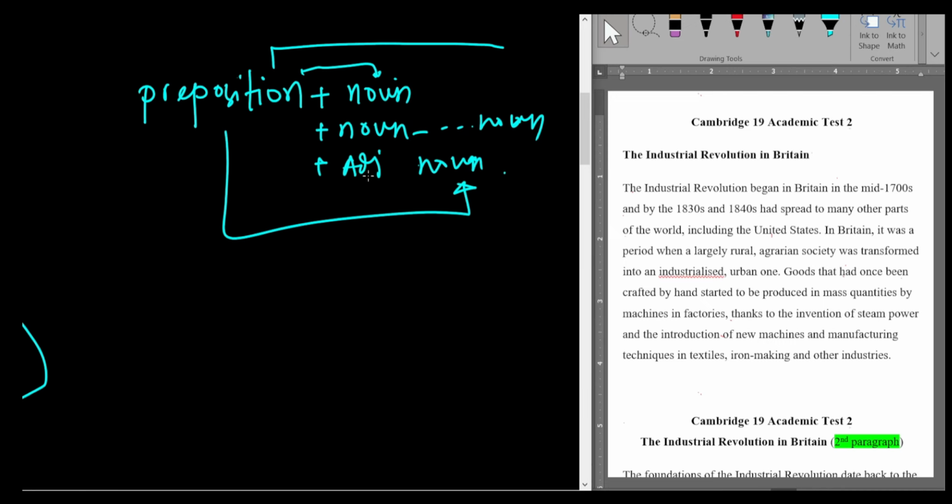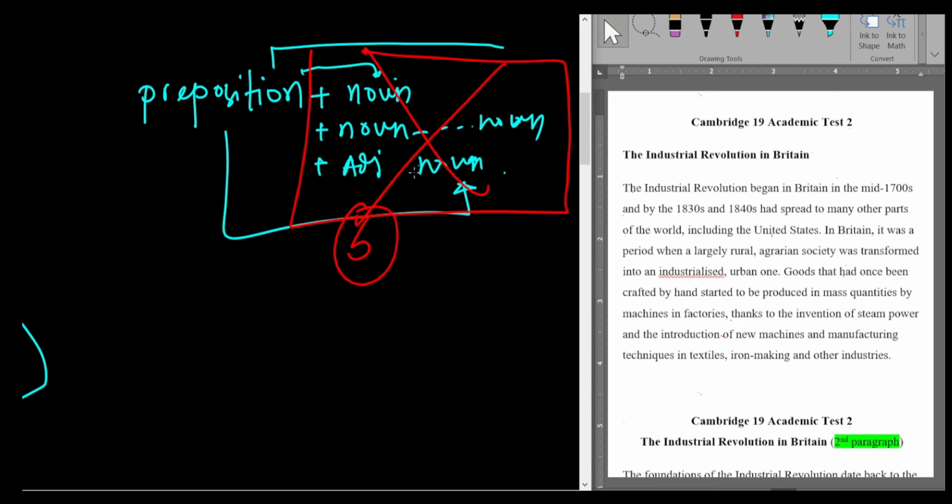There might be some adjectives or articles or other things between the preposition and the noun. But if we see a preposition and find any noun after it, then we will not consider these nouns as our subject. As we already know, subjects are basically nouns or pronouns.